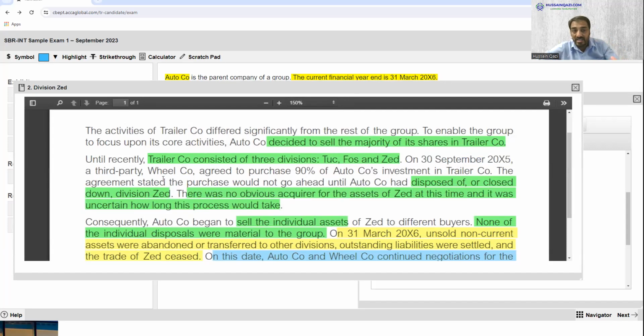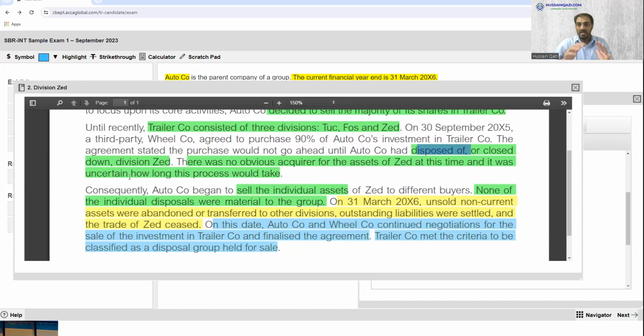On 30th September X5, the potential acquirer, Wheel Company, agreed to purchase 90% of Auto company's investment in Trailer. All the context till now is about the subsidiary, but the story starts here. The agreement stated the purchase would not go ahead until Auto company disposed of or closed down division Z. That means Z is one of the divisions of the subsidiary.